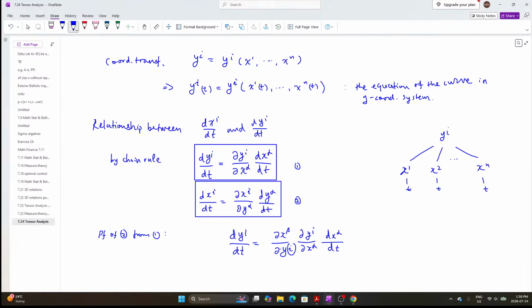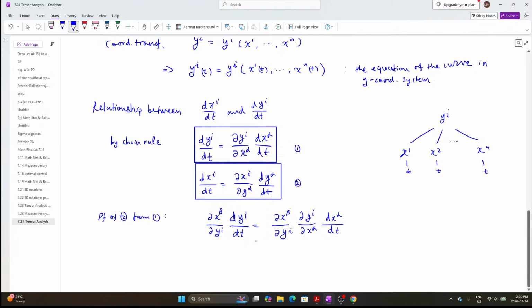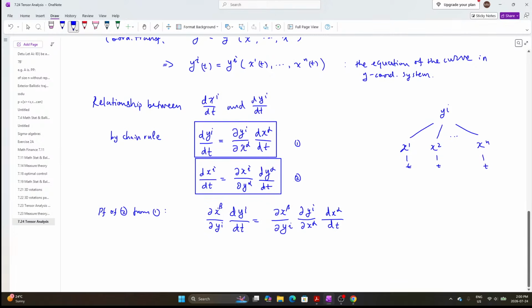Now we do the same on the left. You get dx^β over dy^i. We multiply dx^β over dy on both sides. This way, the left-hand side is unchanged, and the right-hand side is the Kronecker delta β α.